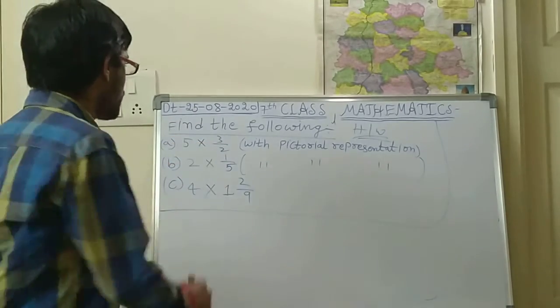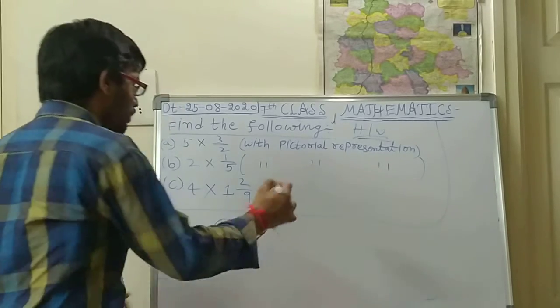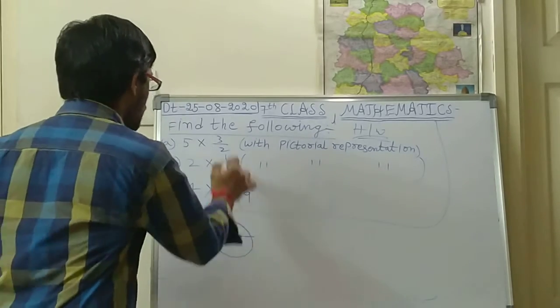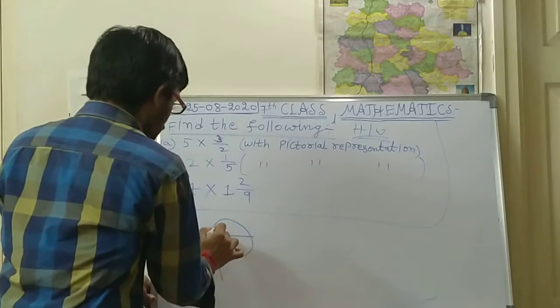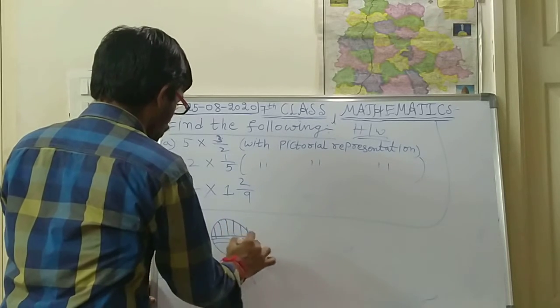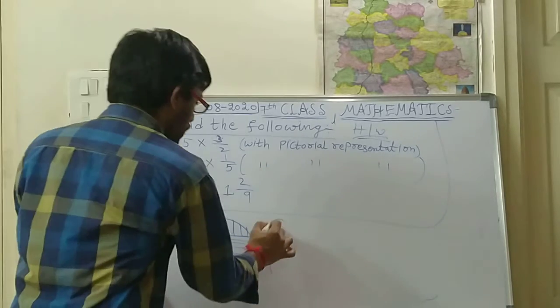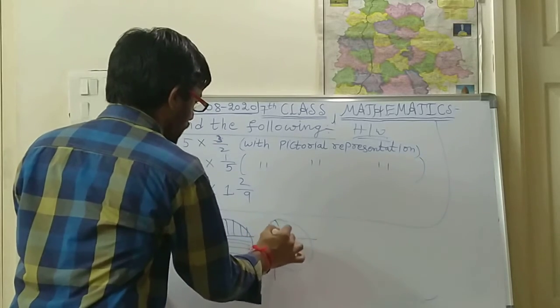Here 3 by 2 is given. So in each circle you should make 2 parts. Okay. So 3 by 2, how many shades should you do? 3 shades. So 3 shades means 1, 2. Okay, 2 are completed. So take another circle. In this you take one more shade. Okay.